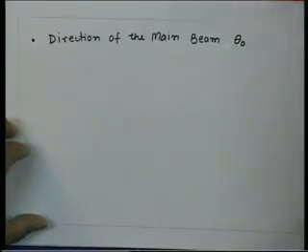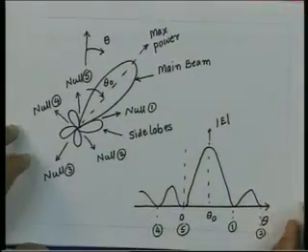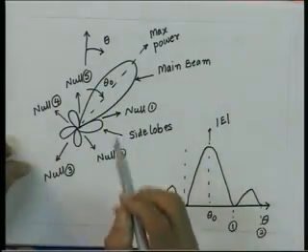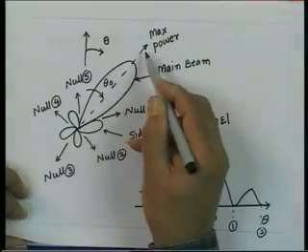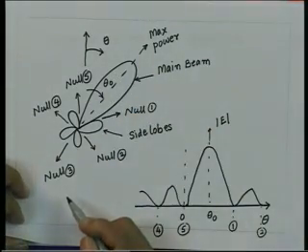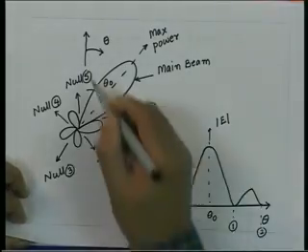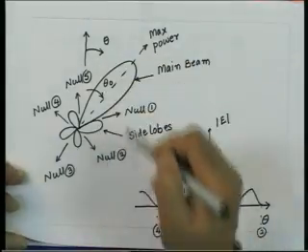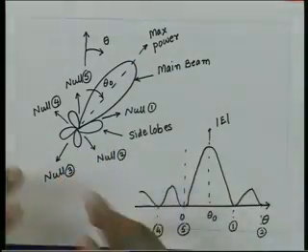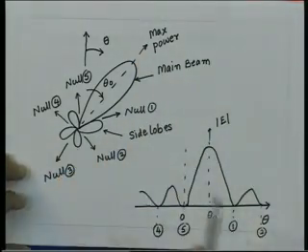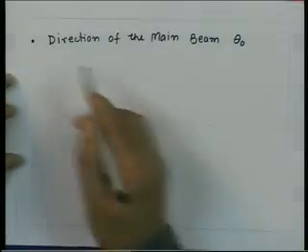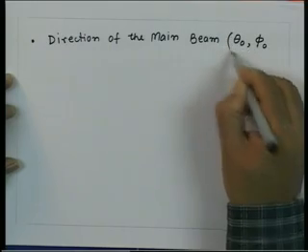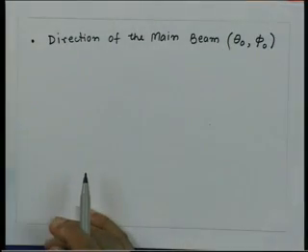Normally when we compare radiation patterns, we define a certain reference direction, and with respect to it we give the direction of the maximum radiation. Here I have written theta naught, but in general in 3 dimensions this will be theta naught, phi naught, because the beam will be inclined in the phi plane as well. So, in general the direction of the main beam is given by theta naught, phi naught in angular coordinates.